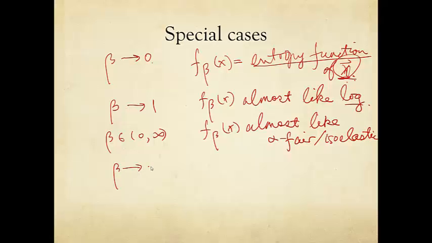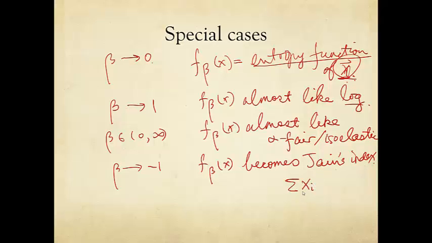When beta goes to minus infinity, you can verify that this function reduces to Jain's index, or the summation of entries squared over the summation of squared entries. This is basically a normalized way to look at variance of the function.